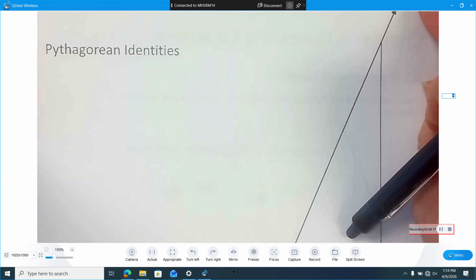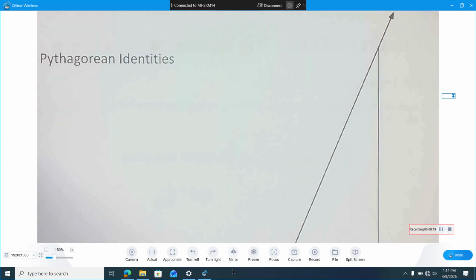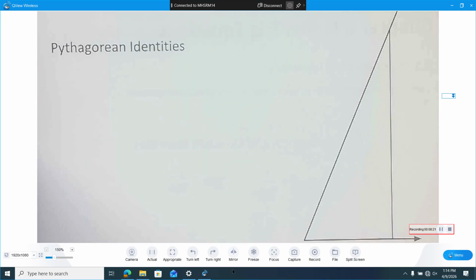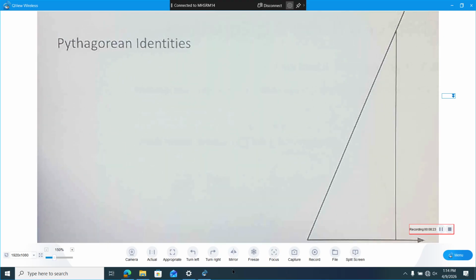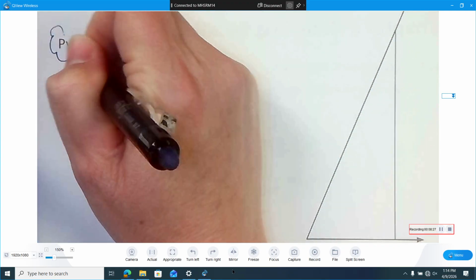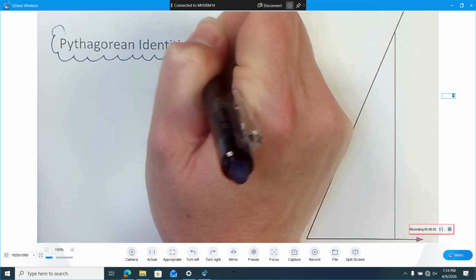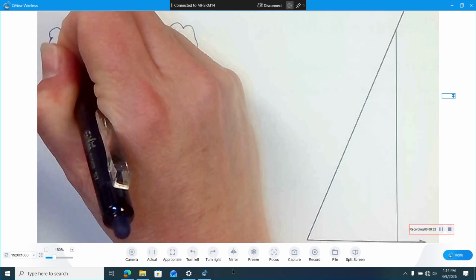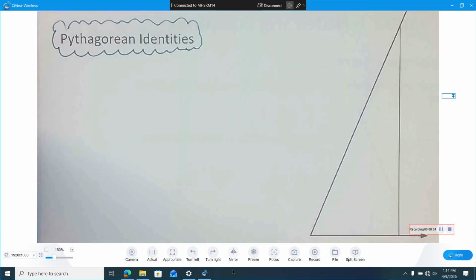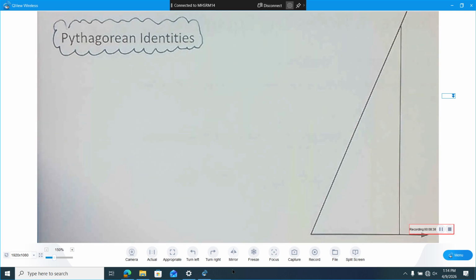All right, I have that same big giant triangle. I need to shrink it, clearly. The Pythagorean identities are all of calculus. They are used all the time, just like the Pythagorean theorem is basically everything.